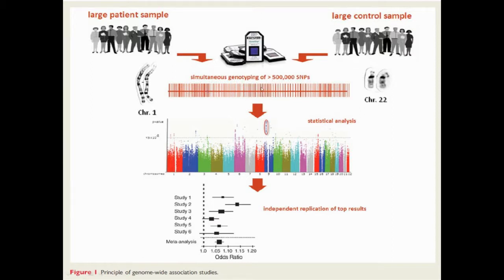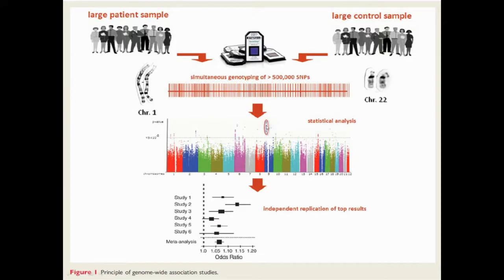And then you can compare the allele frequencies of those SNPs between the controls, the healthy controls, and the patients. And you get what's called a Manhattan plot, where each dot represents a p-value of a statistical test, comparing the genotypes of those two groups.